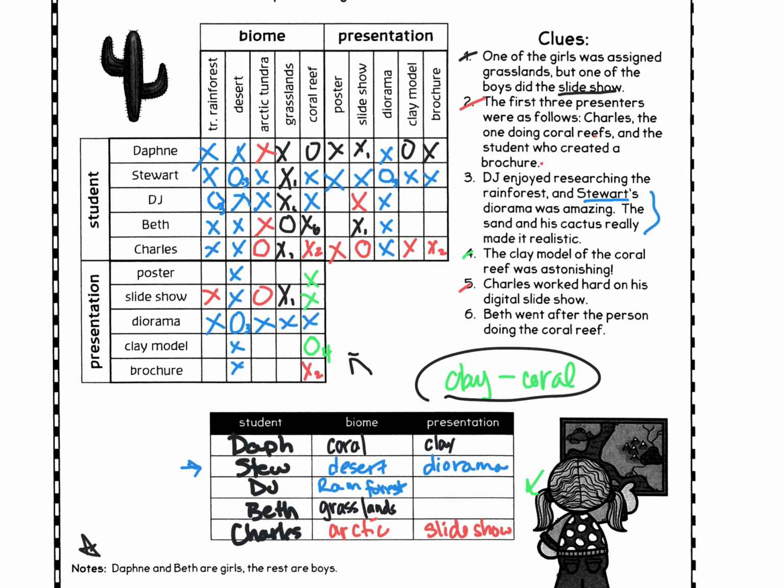I see I have an O in the slideshow one here, so I can X out this way. I also have an O in my clay model. I can X out horizontally. So now I have a brochure and a poster left here, and I have DJ and Beth. I also need to block out my clay model here.